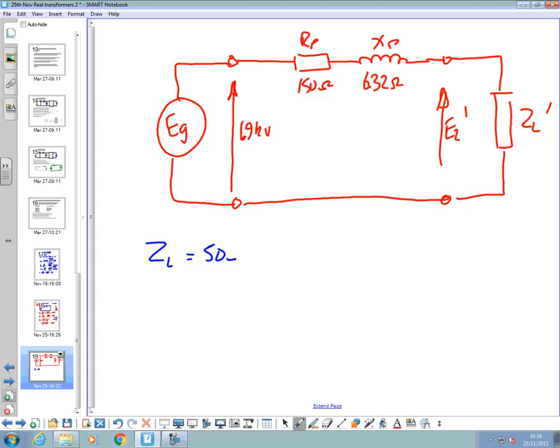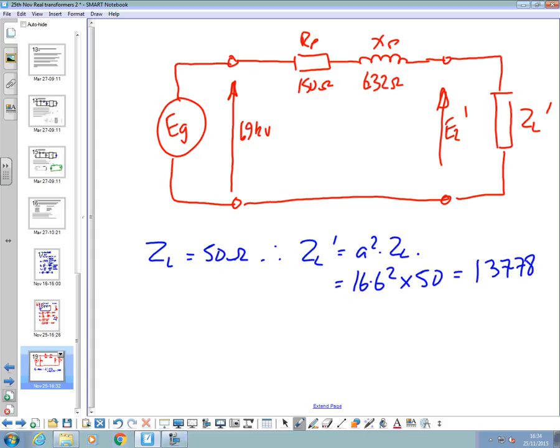ZL equals 50 ohms. Therefore, ZL dash is equal to A squared times ZL, 16.6 squared times 50 equals, and I made that 13778 ohms. And that's purely resistive because that's what the question said.